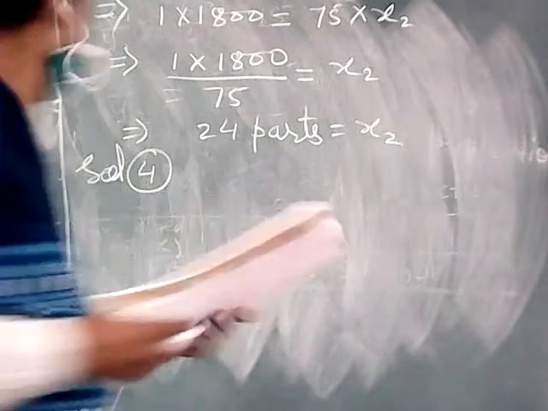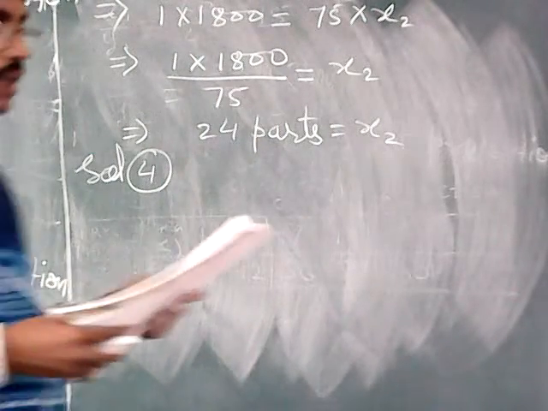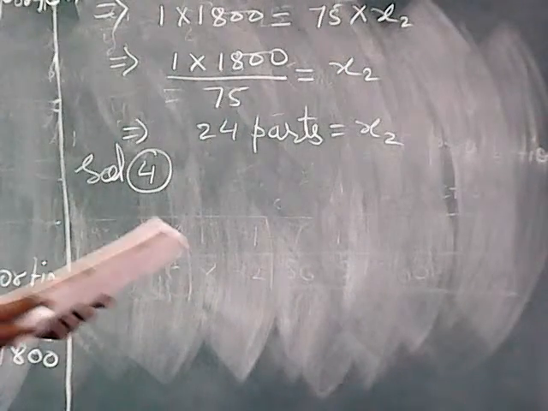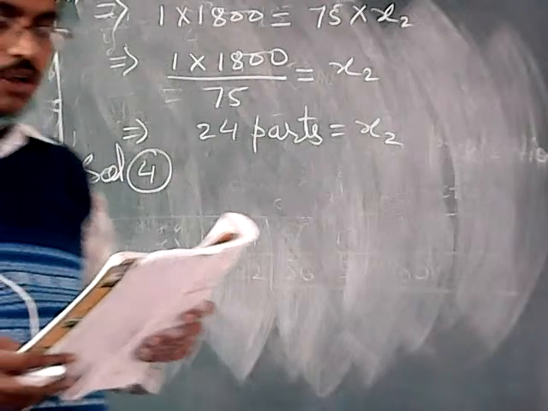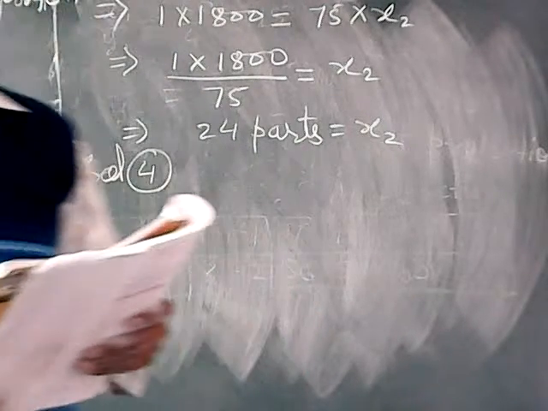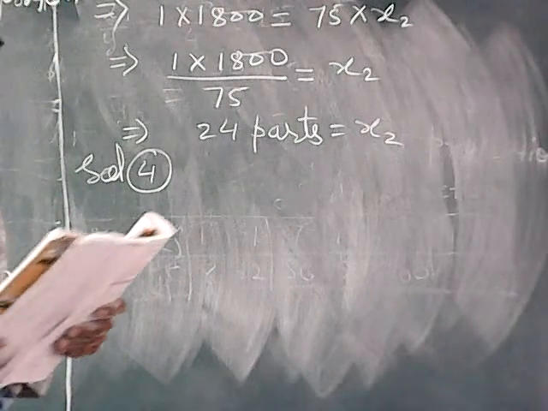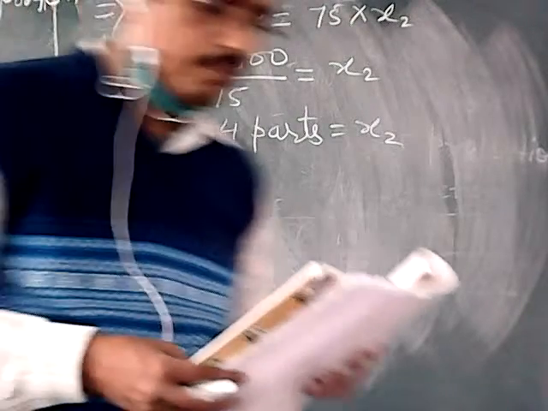Now question 4. Everybody please see the question of exercise 13.1. A machine in a soft drink factory filled 840 bottles in 6 hours. How many bottles will it fill in 5 hours?